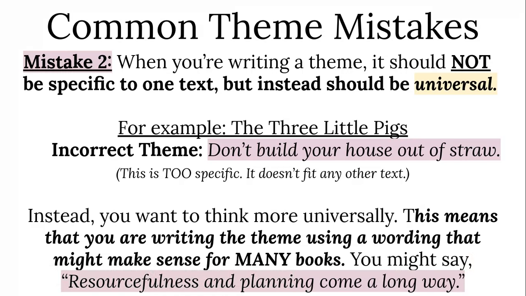Resourcefulness and planning come a long way. I can actually think of quite a bit of books that I've read in the past that theme applies to, that also fits the Three Little Pigs. And so one common theme mistake that we make is getting a little too specific to the one story that we've read, and instead we need to think about making it more universal.